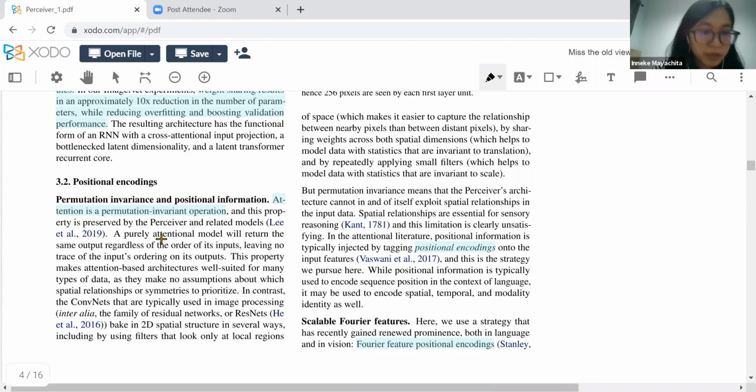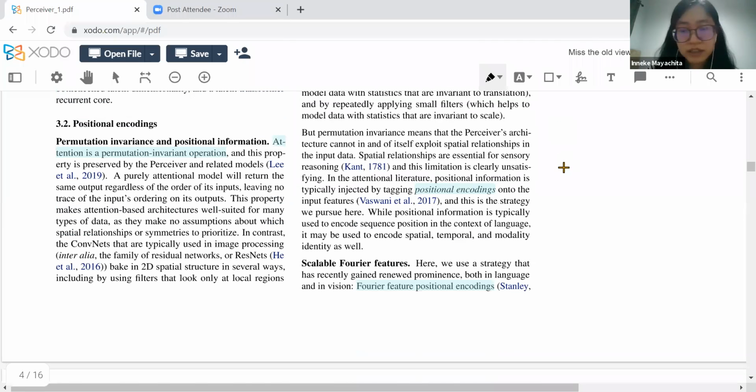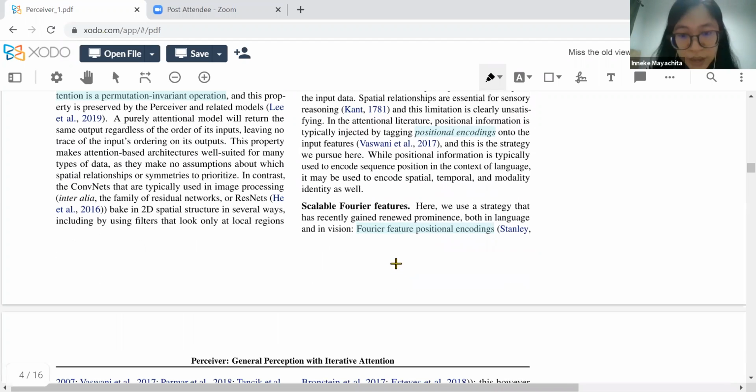That's why they say it's permutation invariant. And how they address this problem is by adding positional encodings, which are also implemented in the vanilla transformer, which basically make use of the concept of Fourier feature positional encodings. So we have different waves with different frequencies.